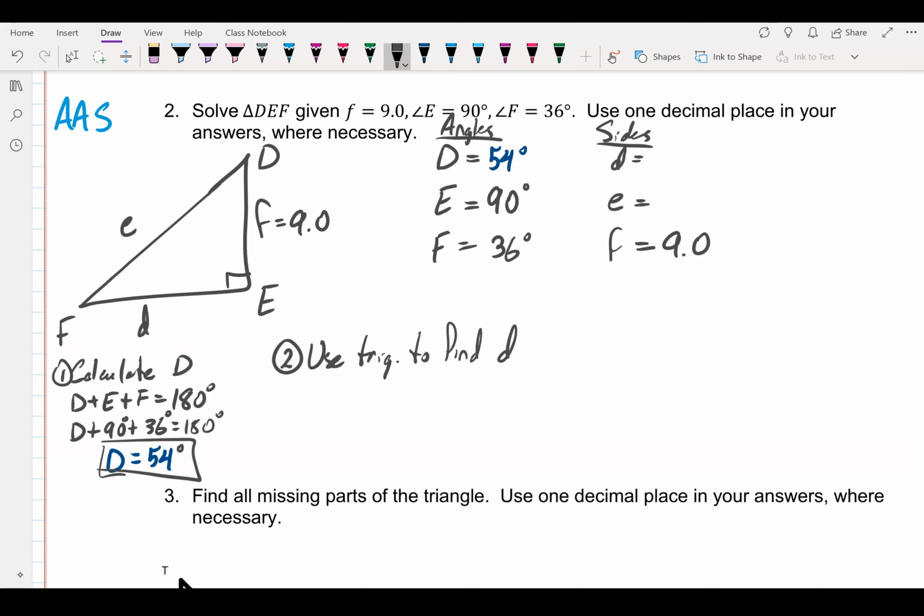There's actually a piece of information I didn't write on the triangle that I should have, and that's that I know the angle for F. I know this angle F. I also know the opposite side to F. So what I should say is that this is the opposite side relative to this angle F that I know. I know that this D side is the adjacent, and I know that, of course, E is the hypotenuse, no matter what angle I'm talking about.